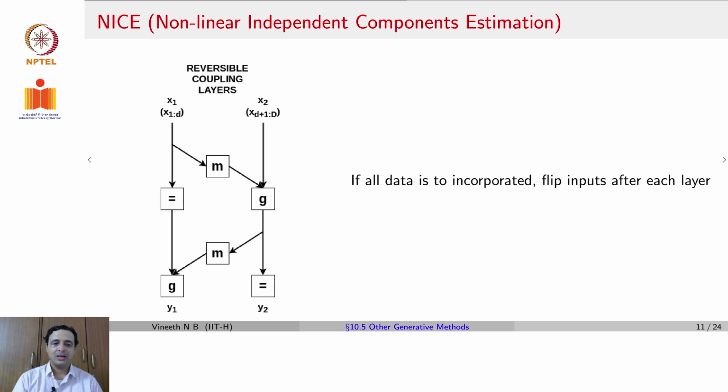So that way, in the next iteration, next function, remember it's a series of layers or composition of functions, you can have y1 depend on x2, and you can continue this process to ensure that all the output variables depend on all the input variables.